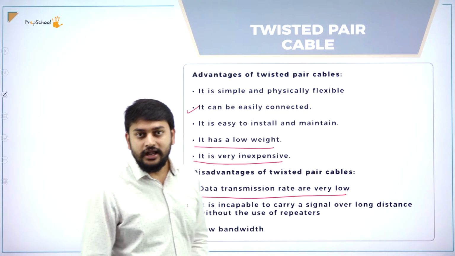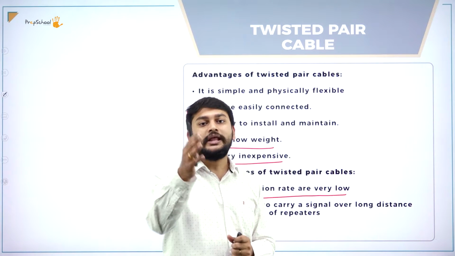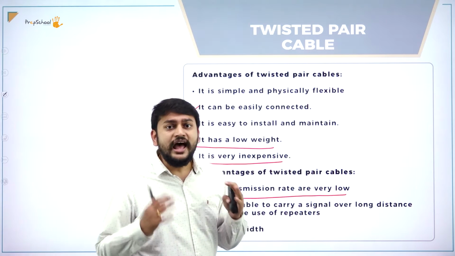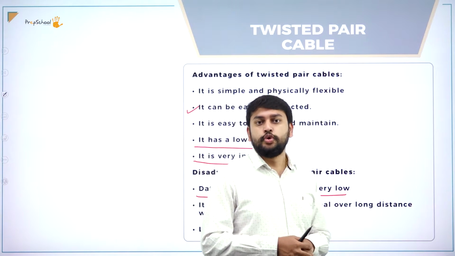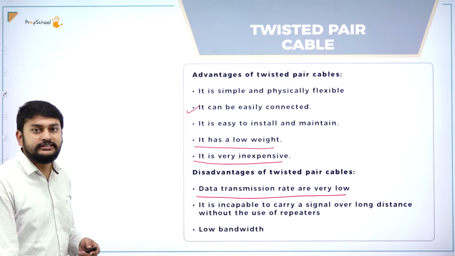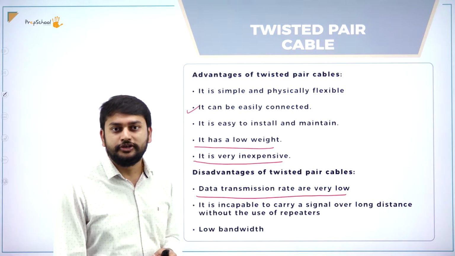Again, if you are trying to transmit your data over a longer distance, twisted pair should not be your option. And the last one, low bandwidth. So please make a note of all the advantages and disadvantages. So guys, this is all about twisted pair that you need to remember.